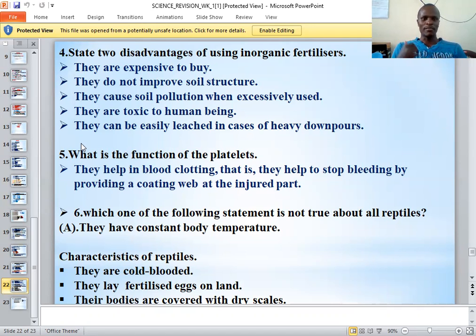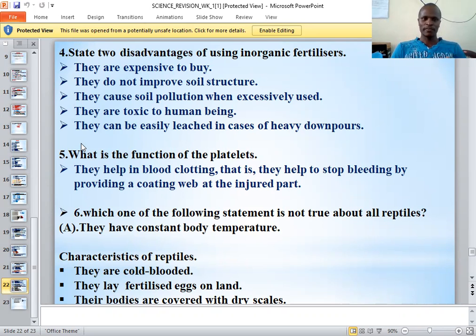And then finally, they can be easily leached in case of heavy downpours. When there's a lot of rain, leaching is the draining of these fertilizers. They move downwards into the soil, and when they leach, meaning they move beyond the roots of the crops that you want to supply with these fertilizers, you will be supplying them more and there will be no effect on your crops, because these fertilizers should reach the plant roots.